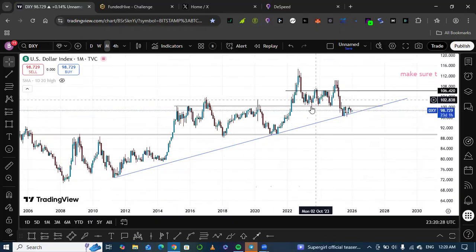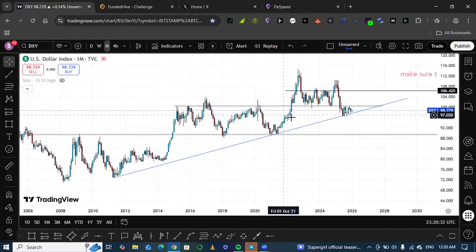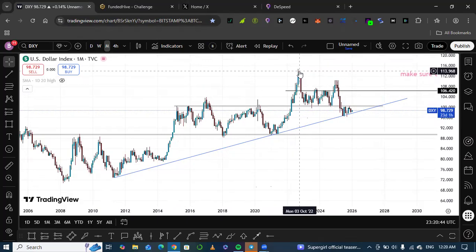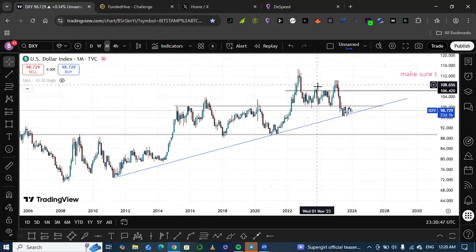And also we have a major level here. Let's acknowledge this major level on the monthly time frame. This major level has been holding price for years now, because this level was invalidated by price on 1st April 2022. It broke above it, came back, made a retest, and has been retesting that level for years now.